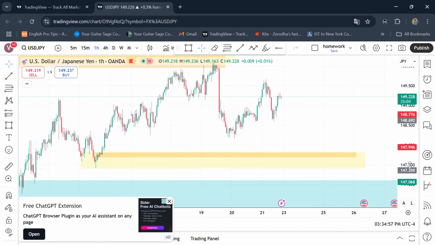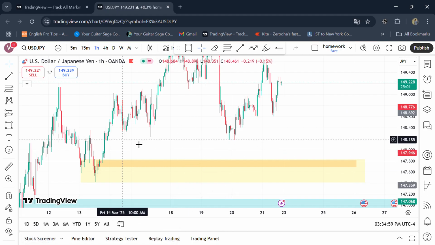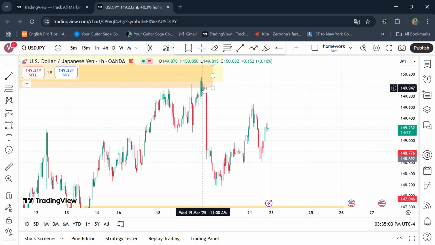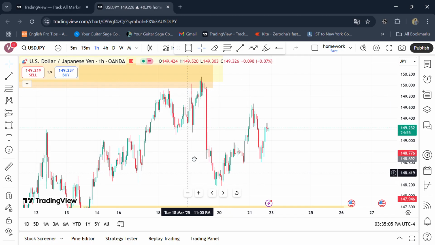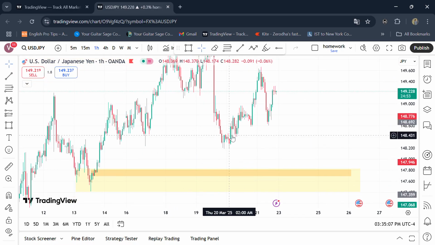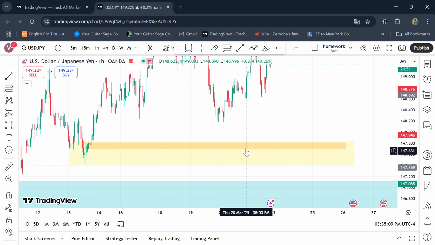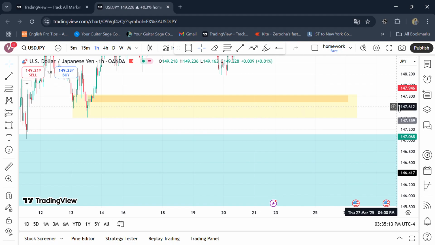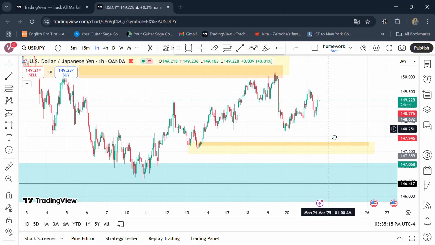Now if you notice on 1 hour, during news when it fell from these POIs, it took a support somewhere. It did not reach the last buying POIs, or it did not continue its downtrend.